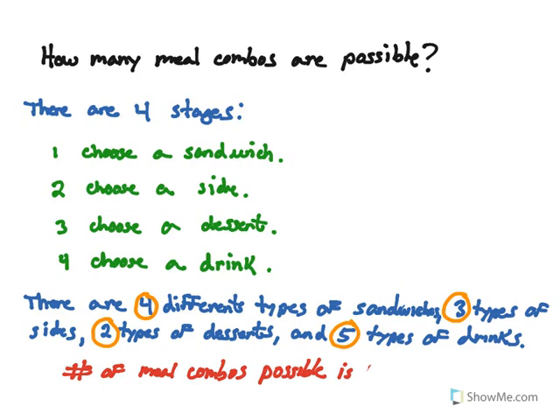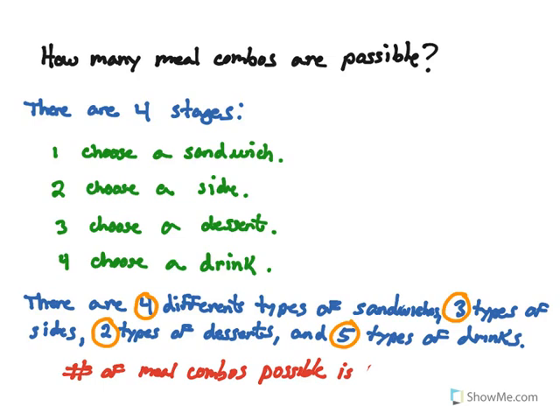Okay? So basically, you want to know the total number of meal combos possible. How many combinations can we make, right? So all we've got to do is multiply the numbers that I circled together, okay?